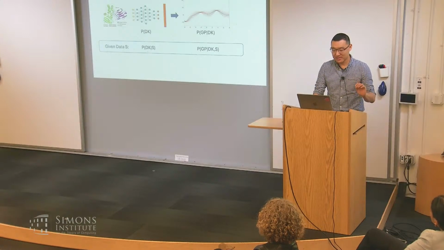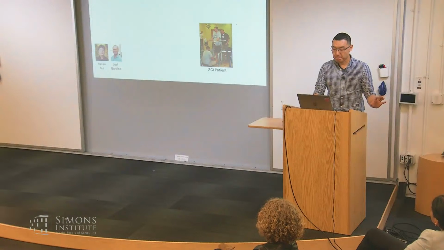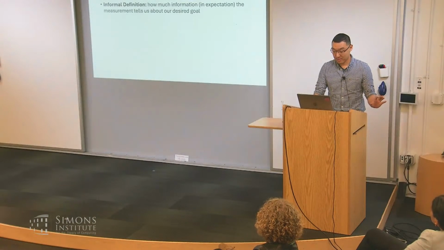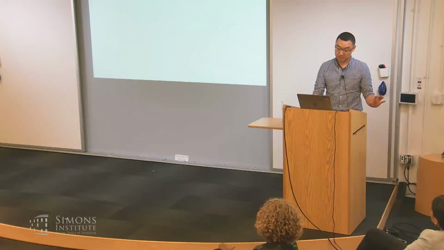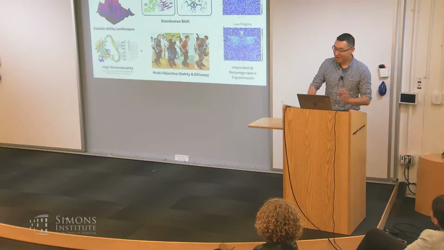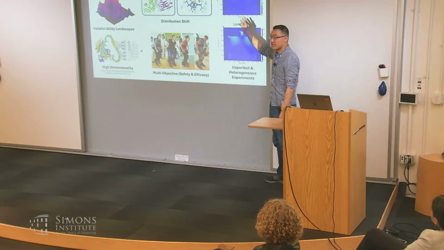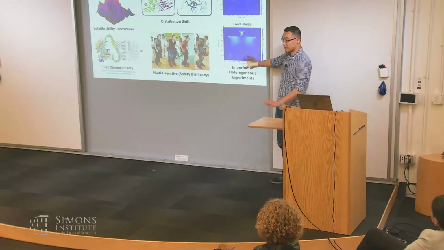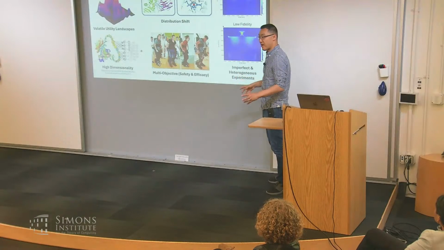We've looked at this in an earlier context where we didn't use deep learning. For example, in this multi-fidelity Bayesian optimization setting where you have really cheap experiments and really expensive experiments, we were able to design algorithms that can actually efficiently make use of cost-weighted value of information.